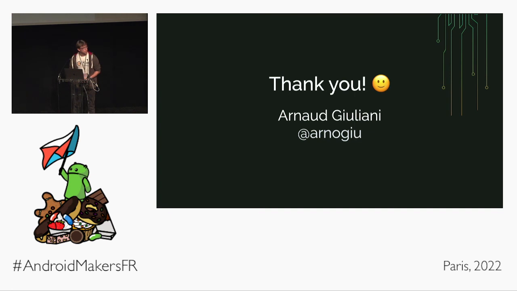Perhaps we have 2-3 minutes for some questions. Hello, thanks. I have one question about annotations. Why do we have @KoinViewModel and not just @ViewModel? I don't think it's consistent with other annotations.